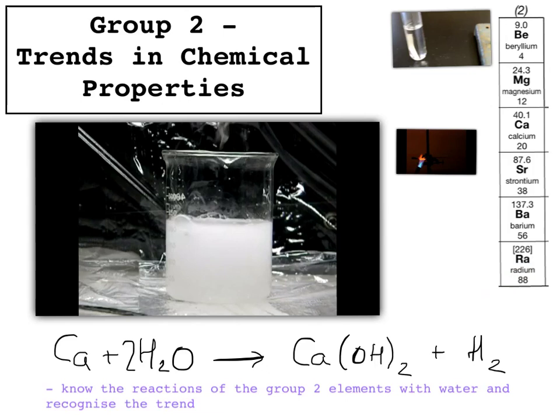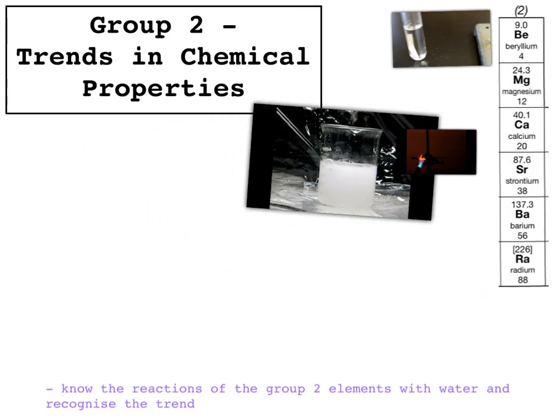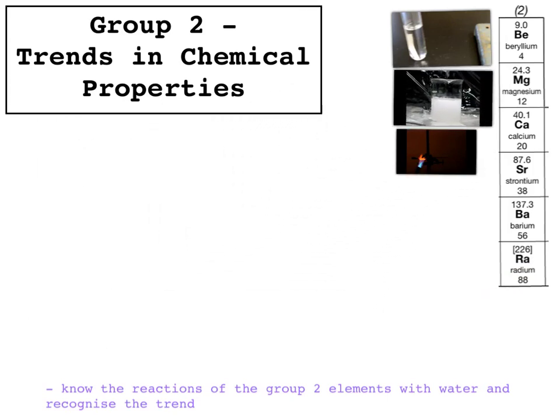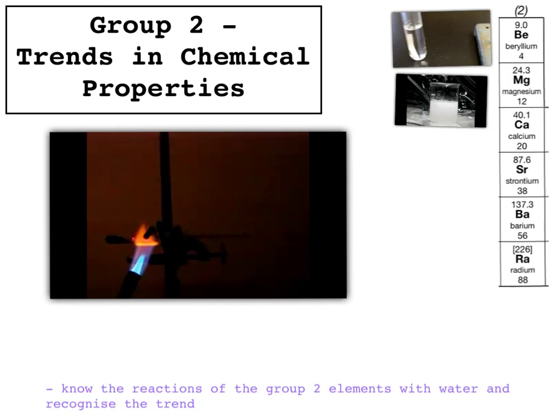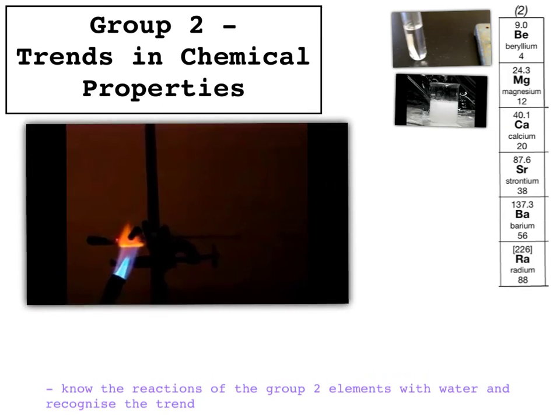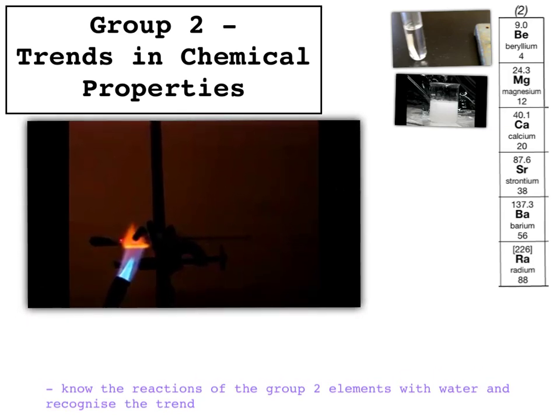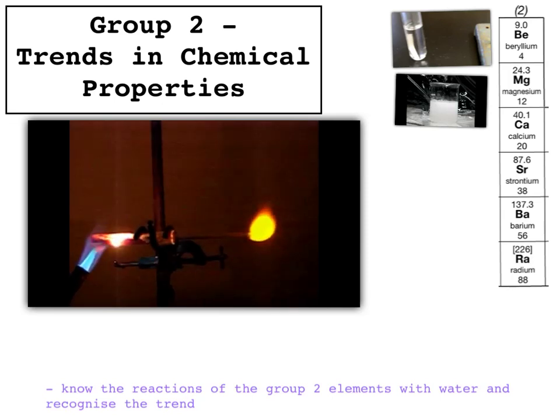The last reaction I'm going to show you is the reaction of magnesium with steam. So that is basically heated water, and you would expect the reaction to be much more vigorous, and you can see that it is. But the other property you have to take away from this reaction is that you make magnesium oxide.